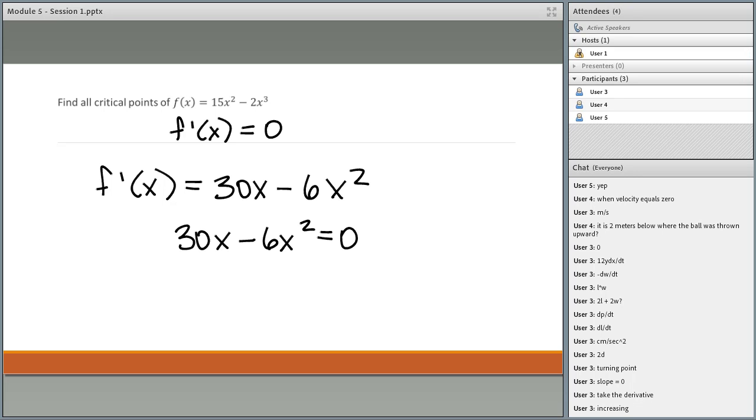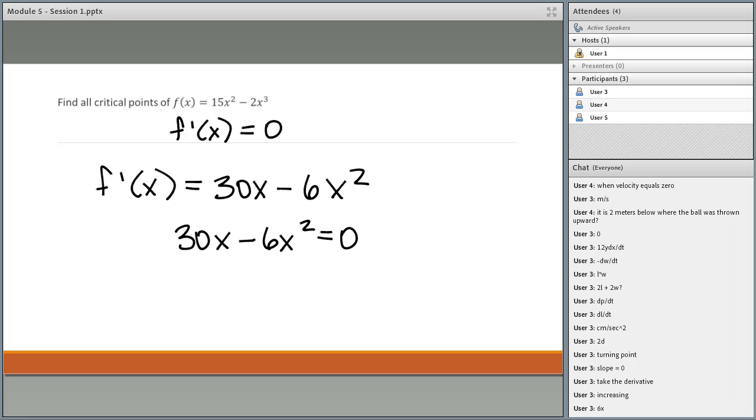So on the left side, is there anything I can factor out? Good. They both have an x. They also both have a 6, so I can factor out a 6x. And then I'm left with 5 minus x equals 0.